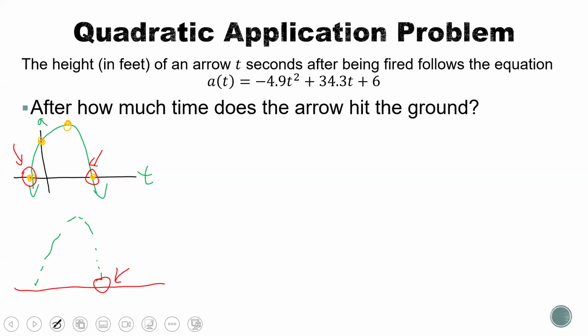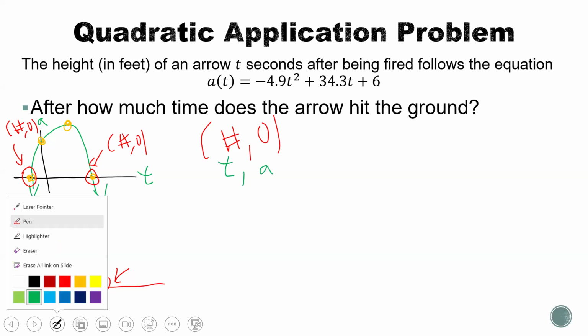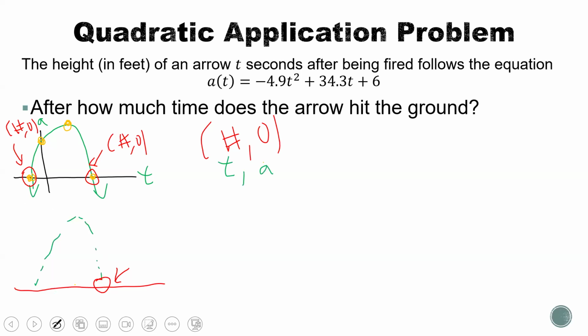And let's try to figure out why that is. Well, remember that these have the form number, comma, 0. Okay, and if I write that out over here, and again, think in terms of inputs and outputs, the inputs of this function are values of t, the outputs are values of a, and I see that at a horizontal intercept, the value of a, the altitude, is 0.